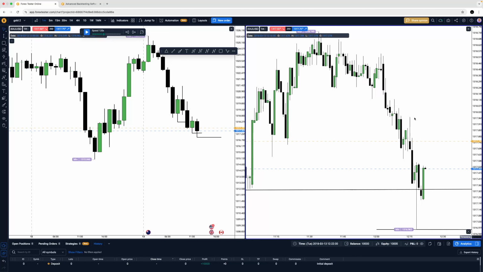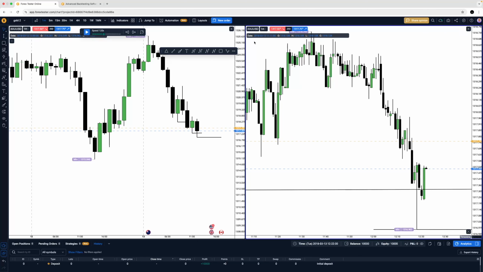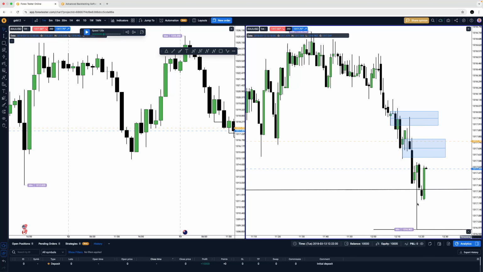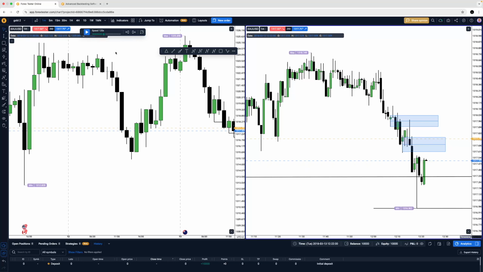If you have taken the trade right there, this one could have resulted in a loss. Even this one. But this one could have given you a huge stop loss because this is very, very bad.